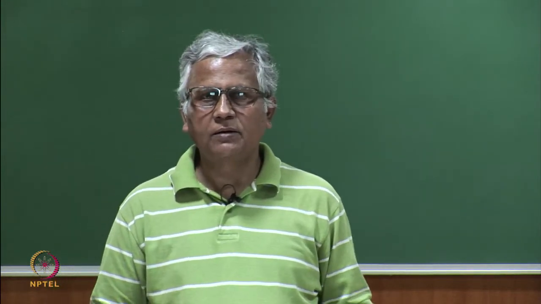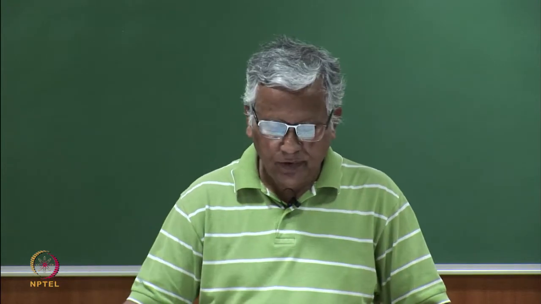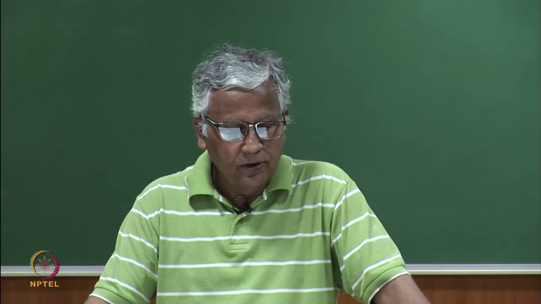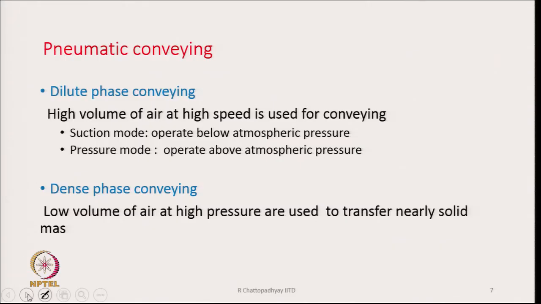So, there are many examples where pneumatic transport is used, not only in textile, but also in other industries as well. Okay. So, there are two ways or two phases of pneumatic transport. One is dilute phase of conveying, the other one is dense phase of conveying.